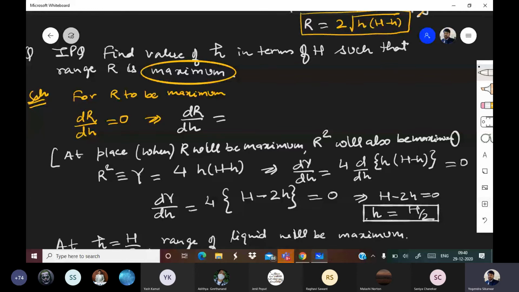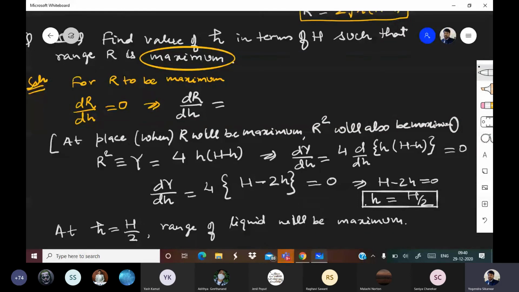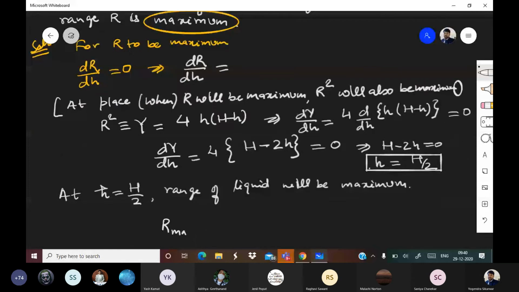Now let us find R max also, since we have done this much calculation. R max, the maximum range, is 2 times under the root of h into (H minus h). Now small h is equal to capital H by 2. I am putting the value of small h in the formula.